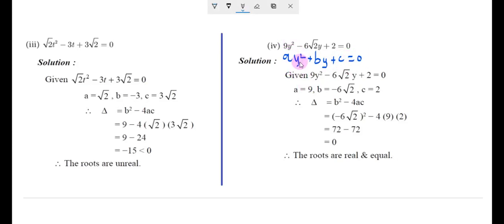Just equate the y square coefficient. Coefficient means the number before it. Here we have a, there 9, so a equal to 9. Next, the y coefficient b, minus 6 root 2, so b equal to minus 6 root 2. The constant term c, there the constant term 2, so c equal to 2.